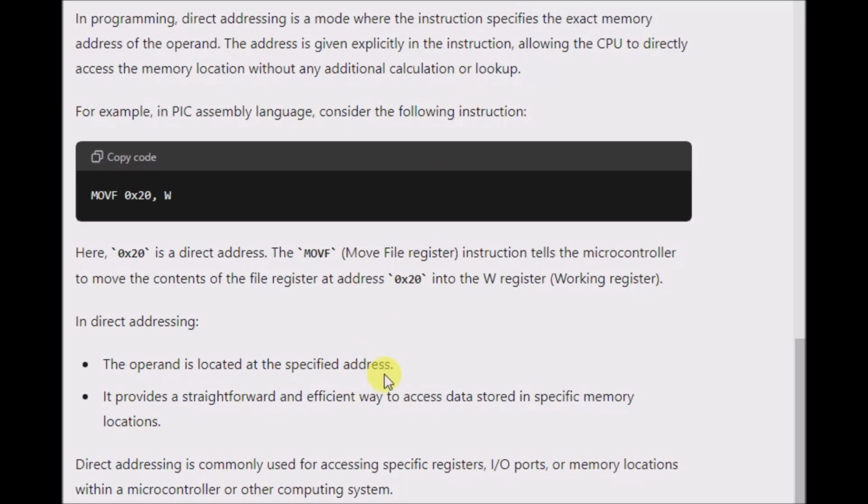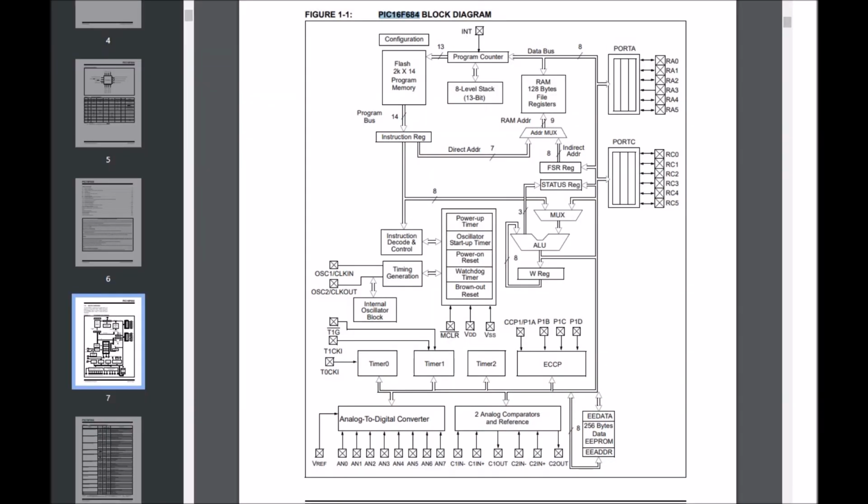So you don't have to do any calculation or any extra effort on the part of the CPU. The operand is in the memory location. That is direct addressing.